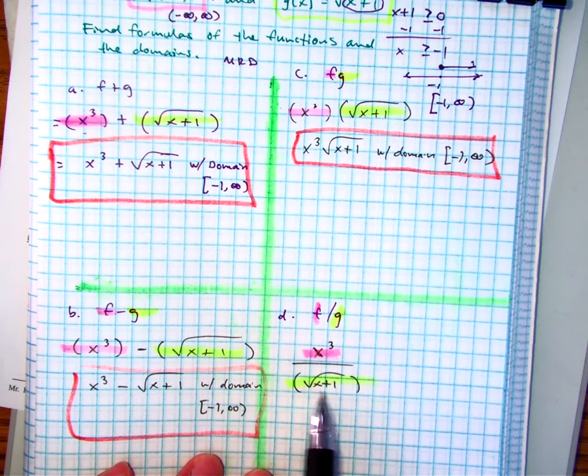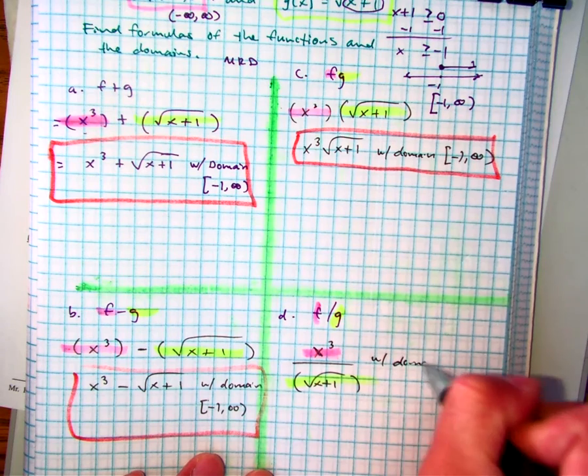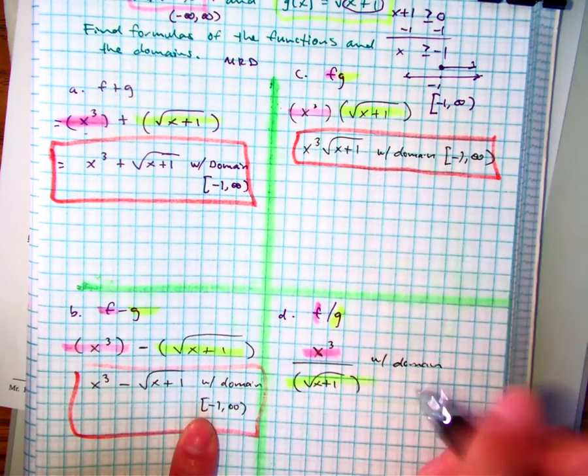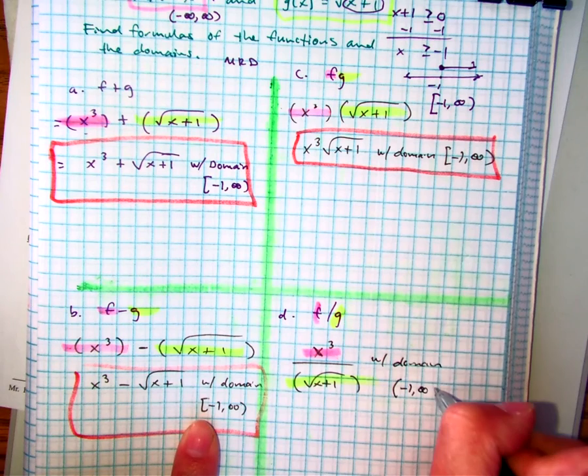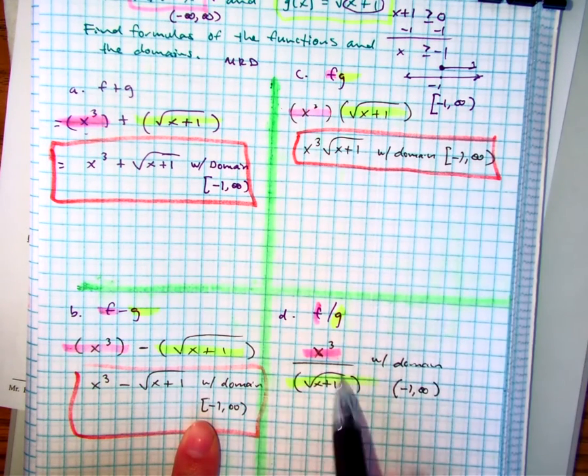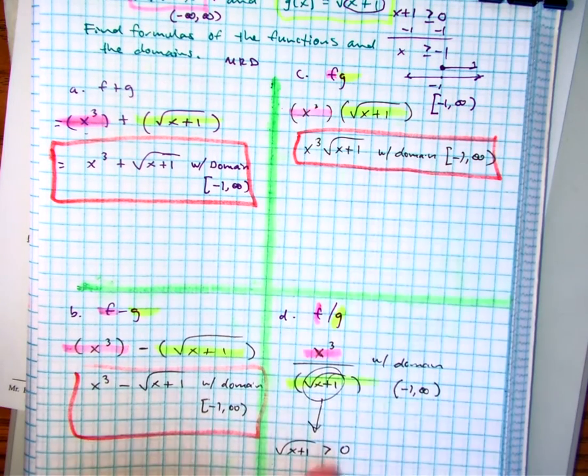Class, negative 1 plus 1 is? 0. Square root of 0 is? 0. Anything divided by 0 is? Undefined. That's bad. So, our domain in this problem is, should we include negative 1? No, this is a parenthesis, negative 1 to infinity. Because if you had to set this algebraically, you're basically setting all of that has to be greater than 0. Do you see the difference? So this is our answer here.